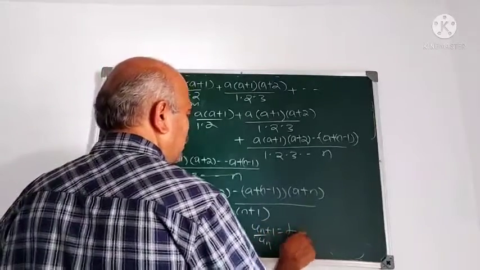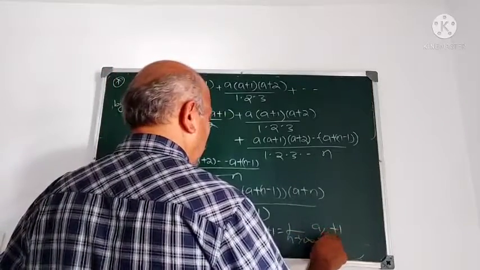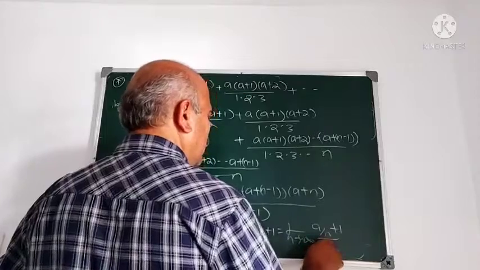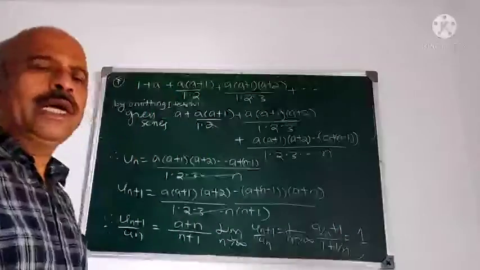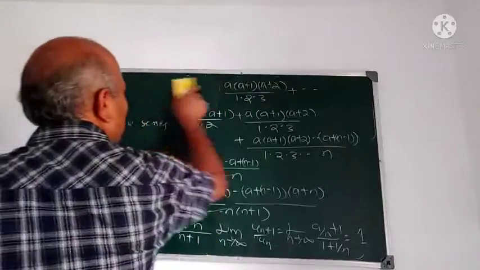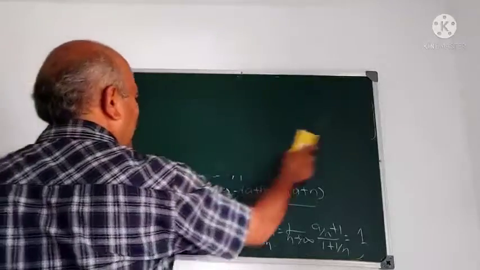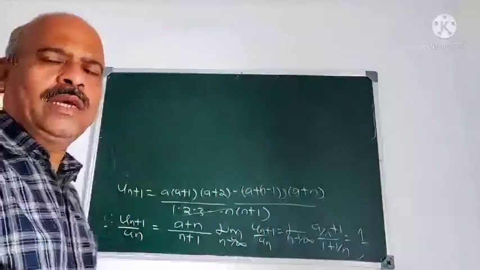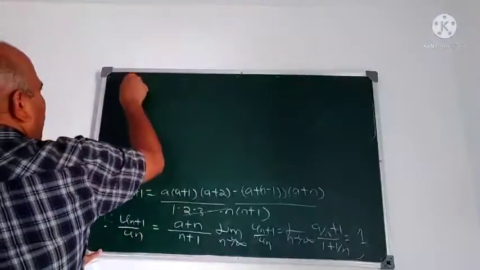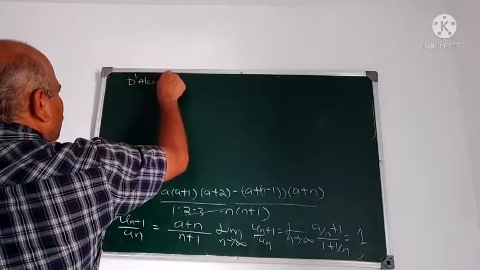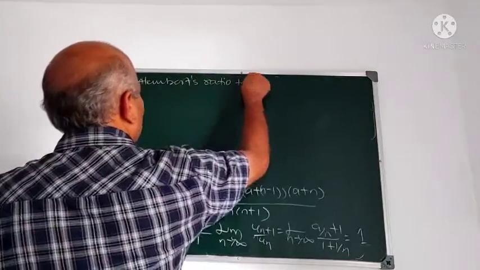It is limit n tends to infinity of (a by n plus 1) by (1 plus 1 by n). What is the limit? 1. Again, D'Alembert's ratio test fails here. We cannot come to any conclusion when the limit is 1. You know that D'Alembert's ratio test fails.